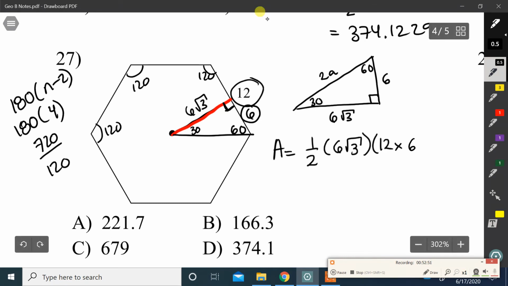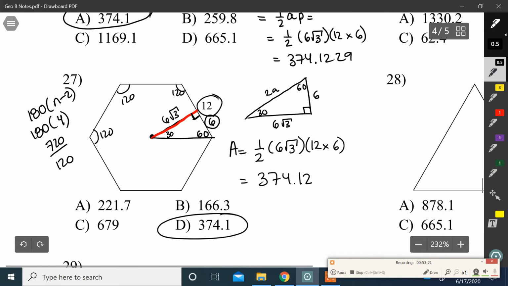We already said it was 6. I'm multiplying all that out, and I actually got 374.12. Okay? All right, very good.